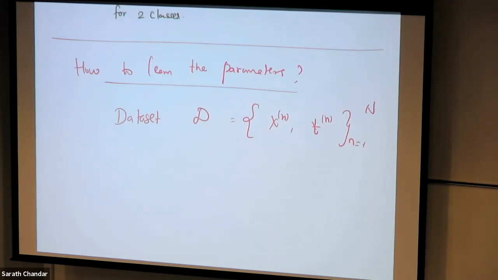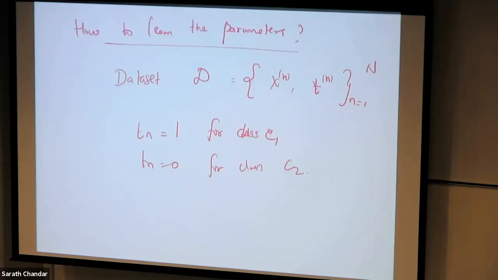Now this tn is going to be 1 for class C1, and tn is going to be 0 for class C2, if you have two classes. Is that clear?